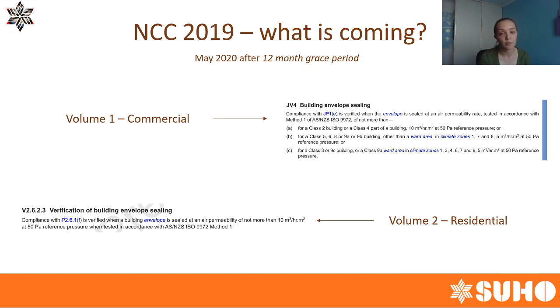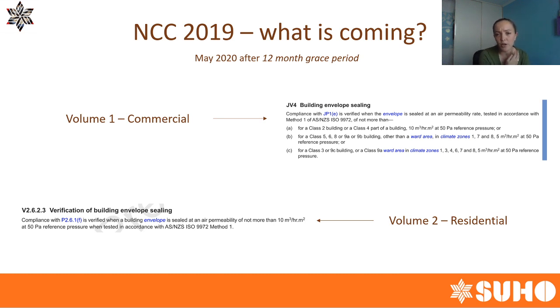At the moment, it is still voluntary, so it is not something that you have to do by any means. It is a performance solution, and it is one way of verifying building envelope sealing under the new building code. So you can still go down the DTS route if you like, the way builders have been doing forever, or you can get a blower door test done. And that goes for commercial and residential.